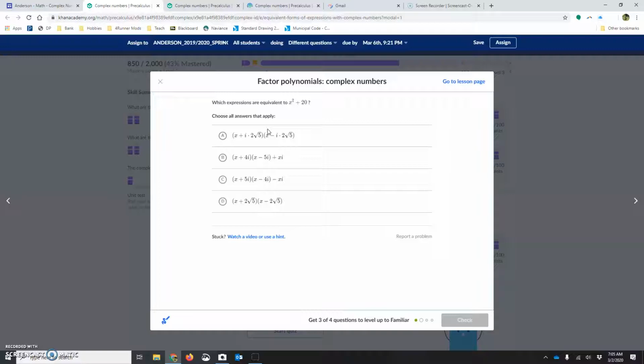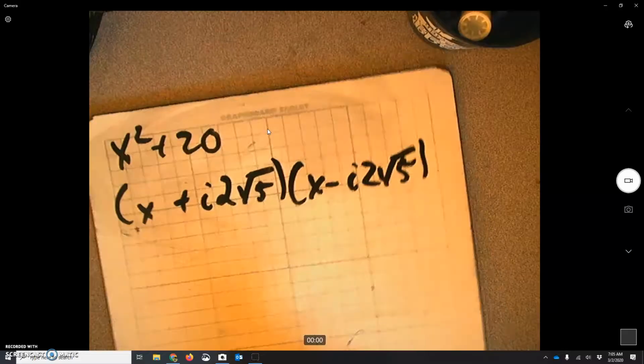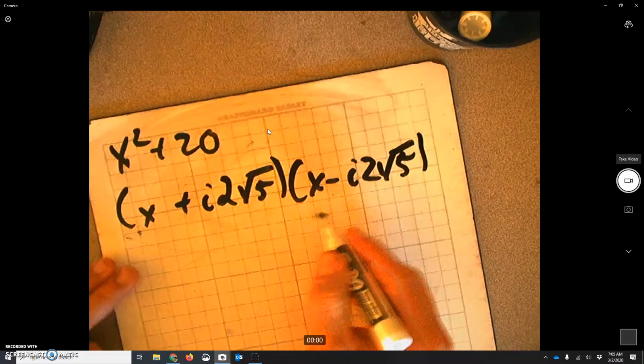And we have x plus 2i times x minus 2i. So difference of two squares. So we get x squared.